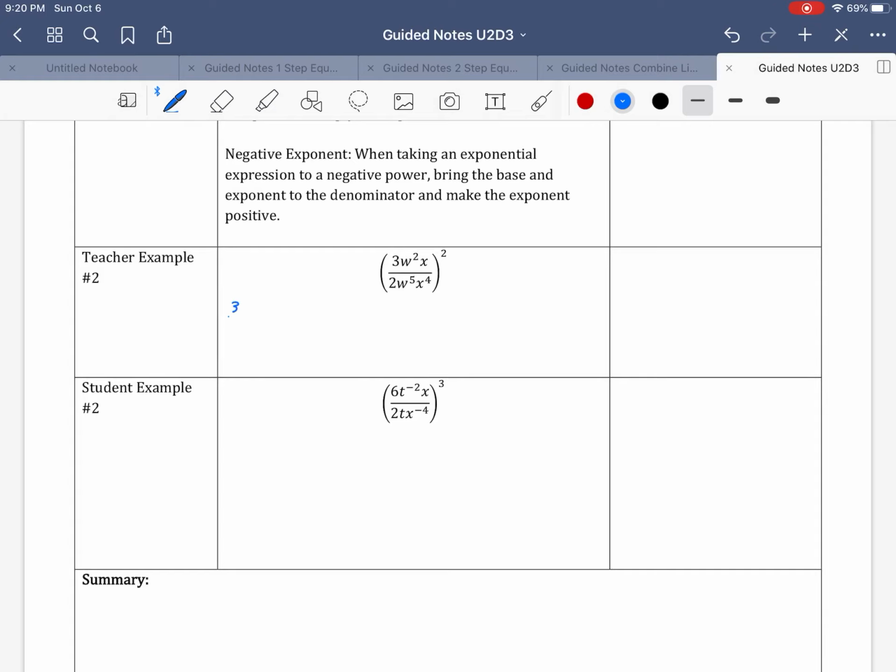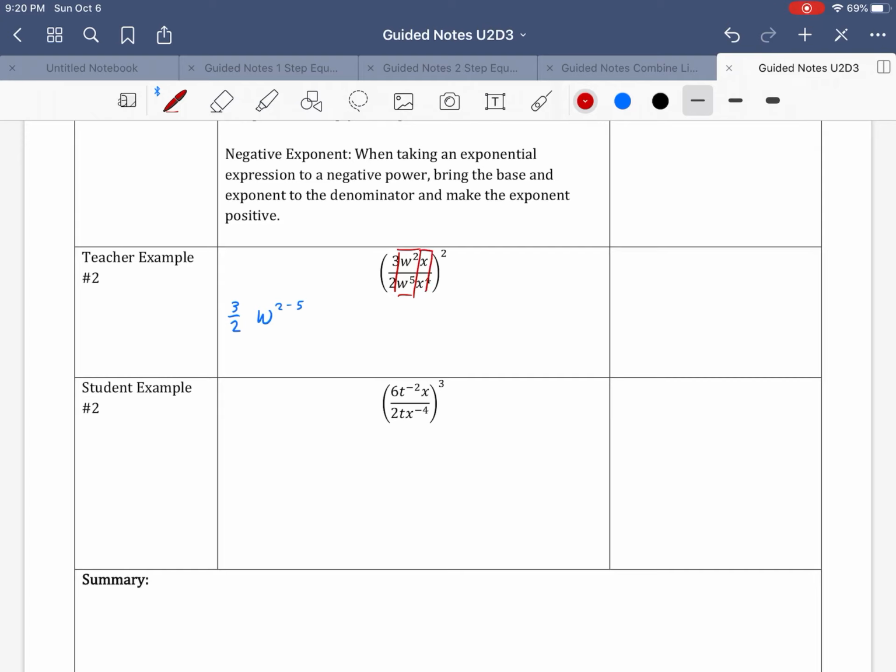So I know that my 3 divided by 2, I'm not going to be able to simplify all that much. But here I have w squared and w to the 5th. I know I have the same base, and because I have a fraction there, I'll be able to use my quotient rule. My quotient rule says I'm going to subtract my denominator exponent from my numerator exponent.